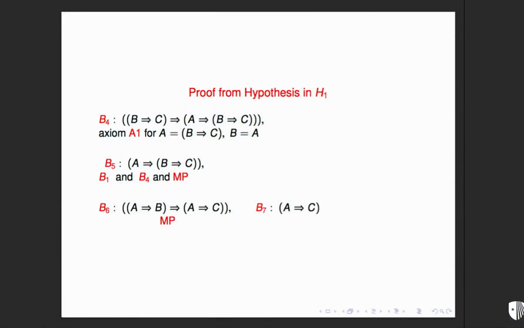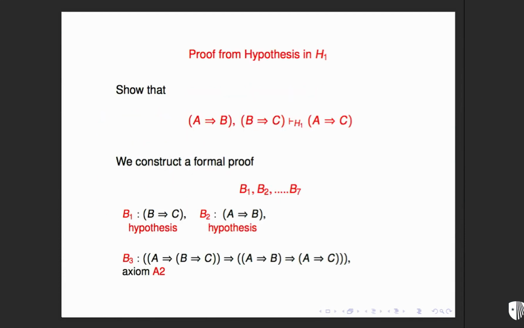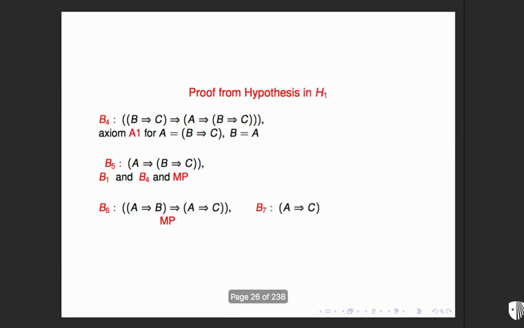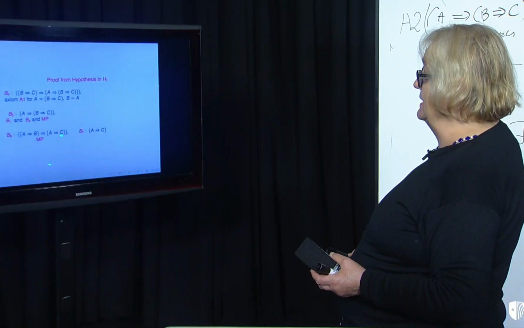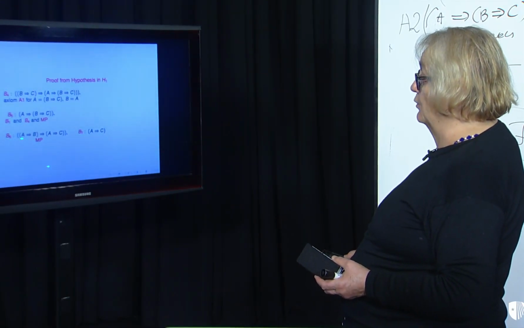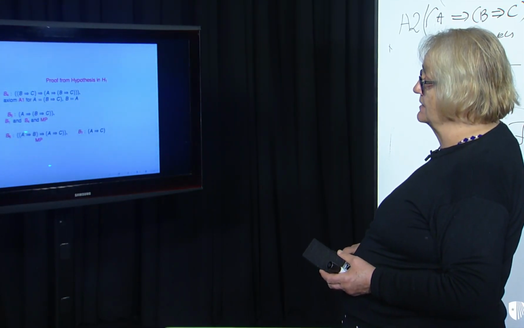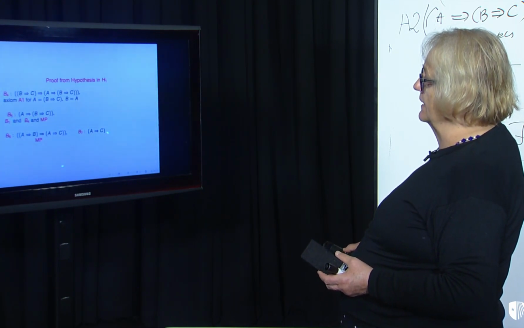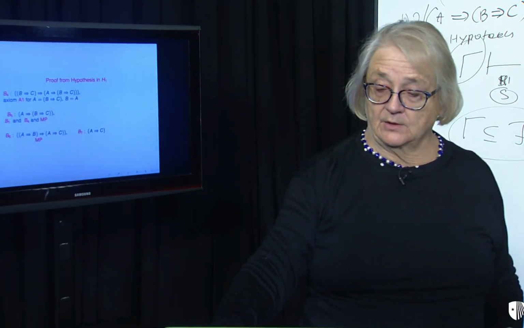By modus ponens, I can apply it to this and to what I already have, and I get A implies B and A implies C, and I have A implies B already as hypothesis. I use modus ponens, and I get A implies C.